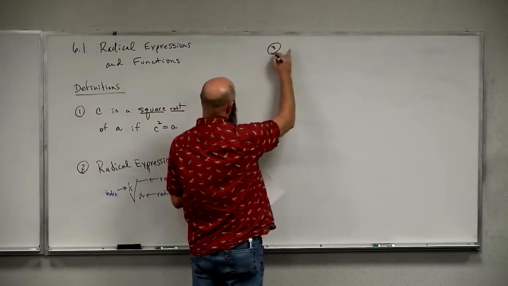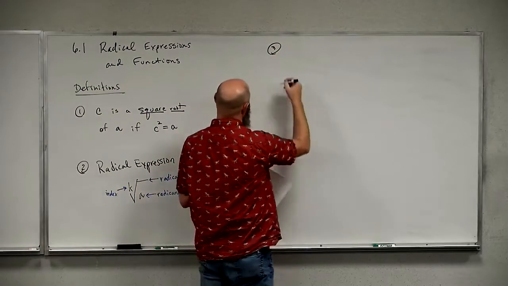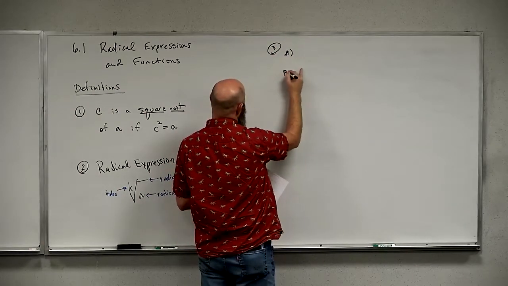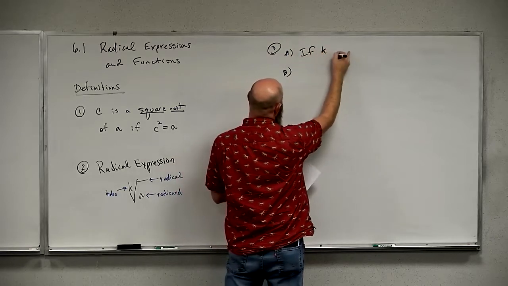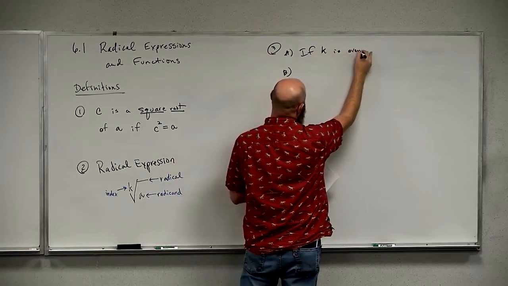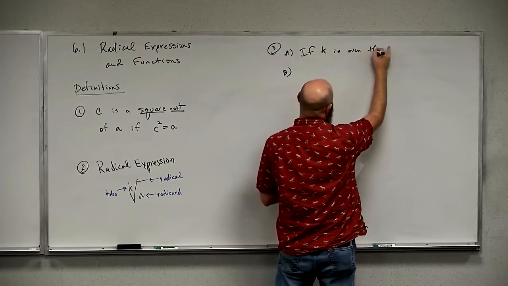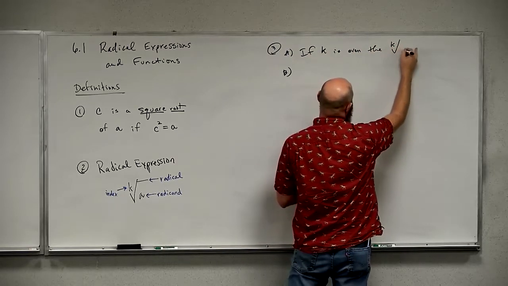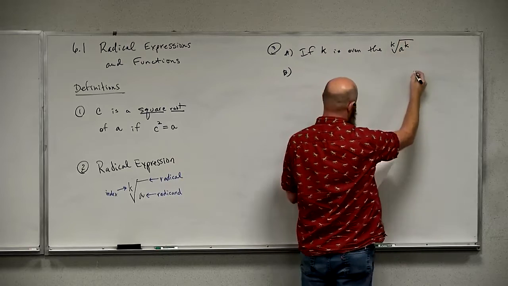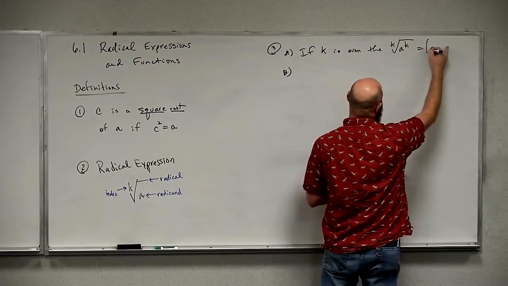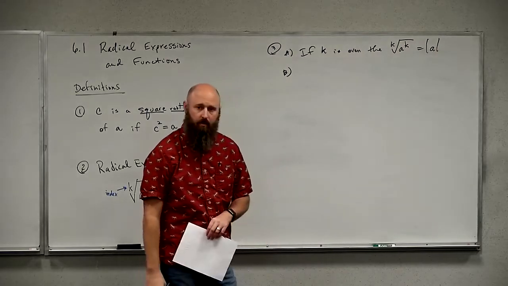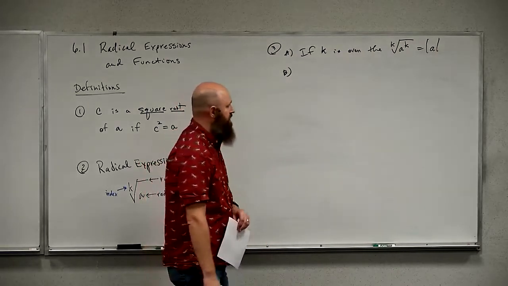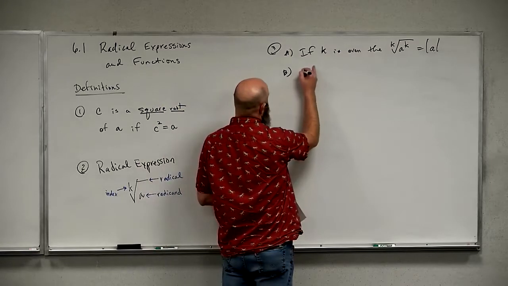All right, we have one more definition here. It's actually a two-parter, so part A and part B. If K is even, then the kth root of A to the K equals the absolute value of A. And we'll talk more about that in just a moment, okay?